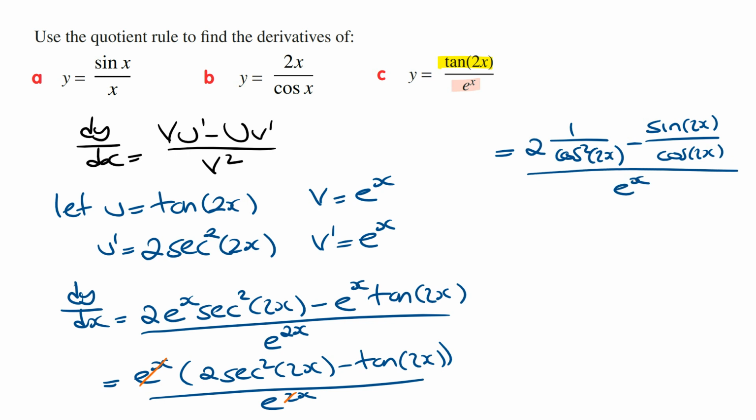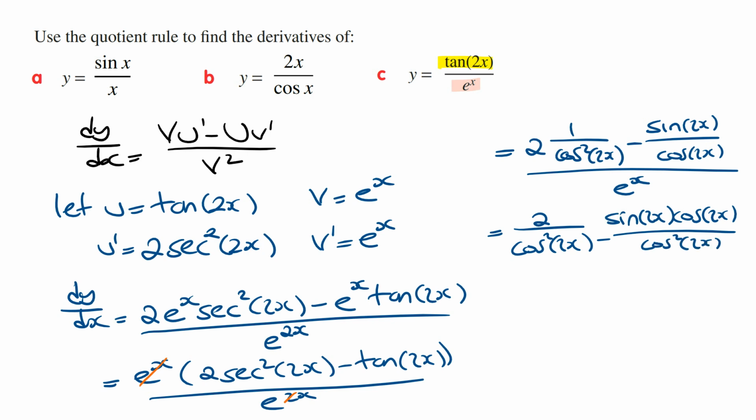On the numerator, we now have 2 fractions. To simplify this, we need to combine these fractions by making the second fraction have the same denominator as the first, which is cos squared 2x. And to do this, we need to multiply the second fraction by cos of 2x over cos of 2x. And so this is going to become 2 over cos squared of 2x, and then minus sine of 2x times cos of 2x over cos squared of 2x, and this is going to be all over e to the x.